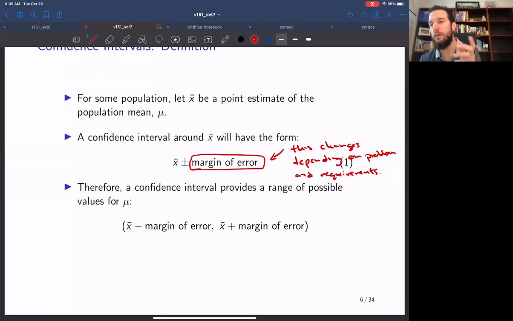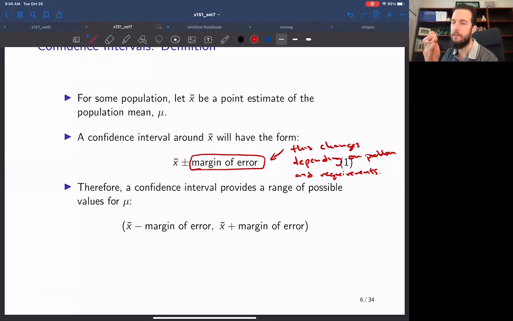So the thing that we're going to be calculating most often and having to account for is the margin of error. So that's the part of the formula that can change depending on confidence level and sample size. And we're going to see lots of illustrations of this in a little bit, but every interval basically has this general form.